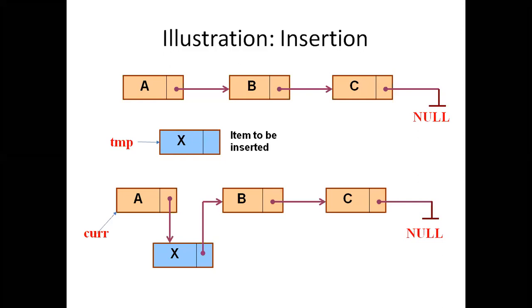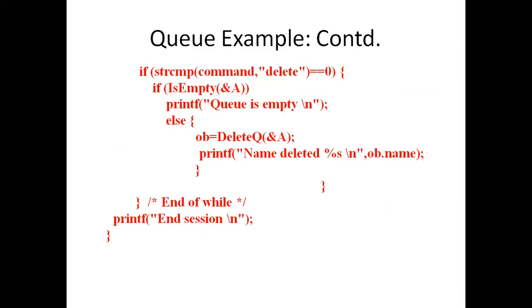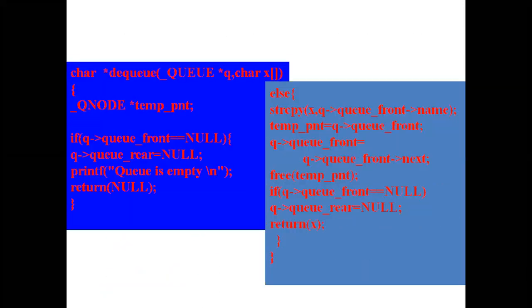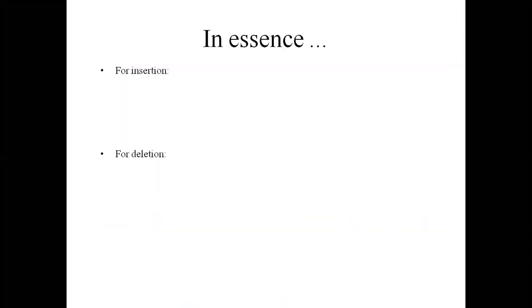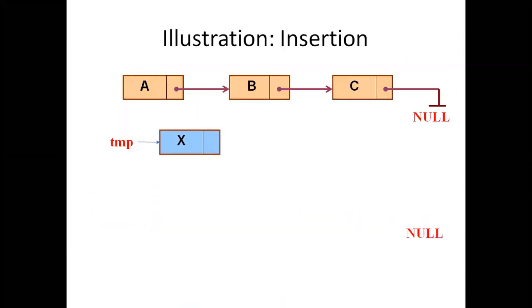Suppose you decide to insert an element in the second position, as the diagram illustrates. Here temp is the new node, the element which I want to store into the linked list.